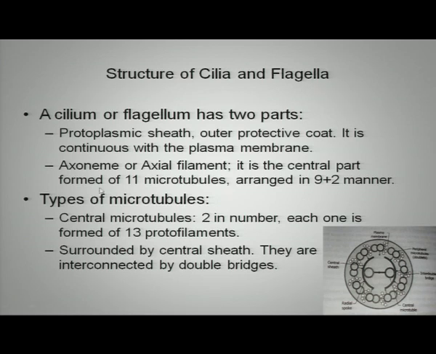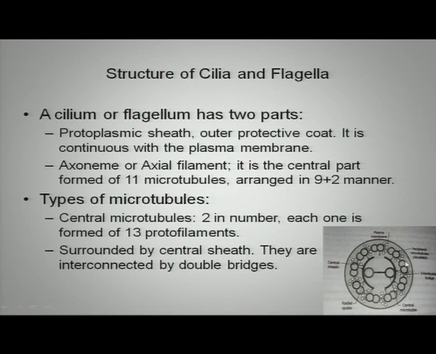And the second part is the axoneme or axial filament. It is the central part and it is formed of 11 microtubules. They are arranged in a 9+2 pattern. Here in this diagram you can see the arrangement of these microtubules.